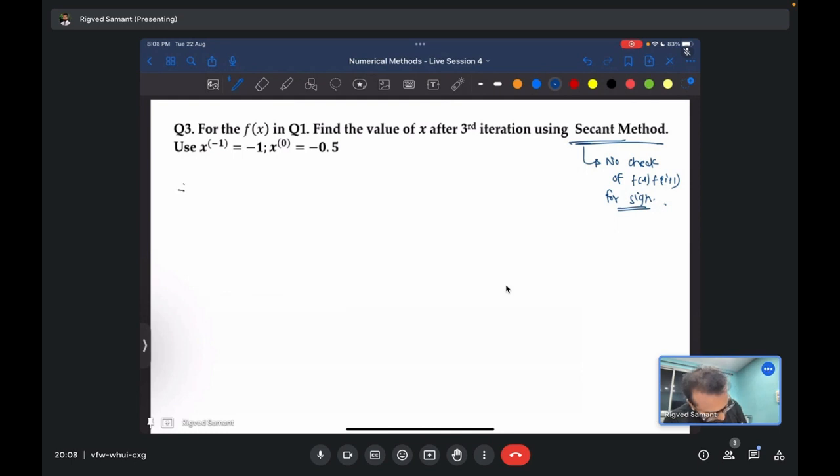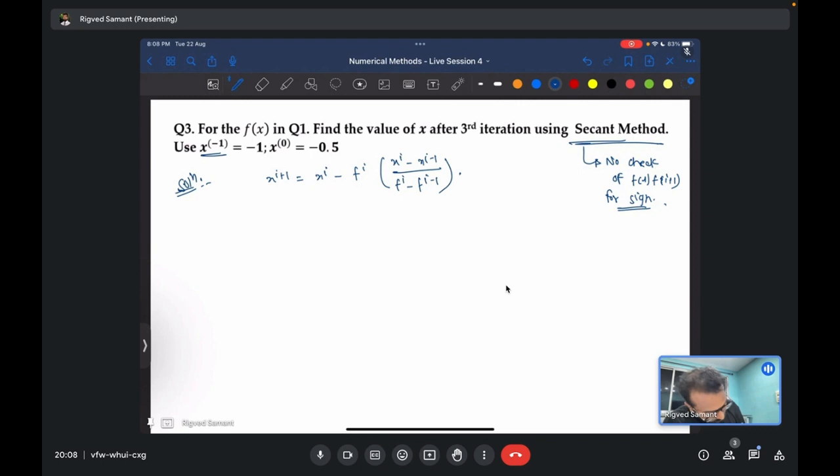So here, the secant method, right? In the secant method, xi plus 1 is given as xi minus fi into xi minus xi minus 1, divided by fi minus fi minus 1.